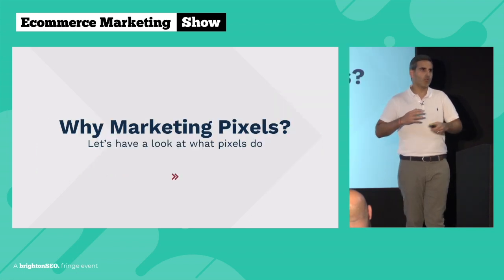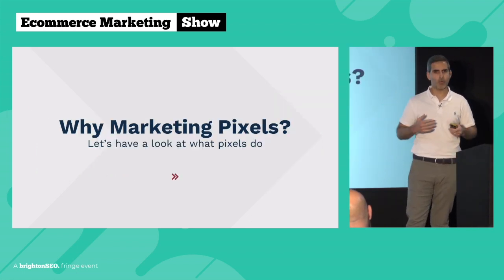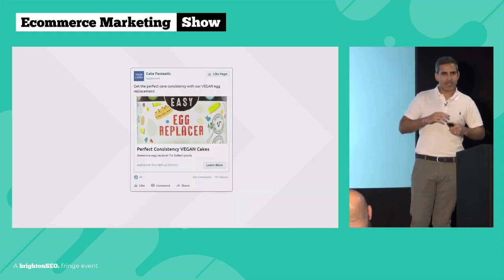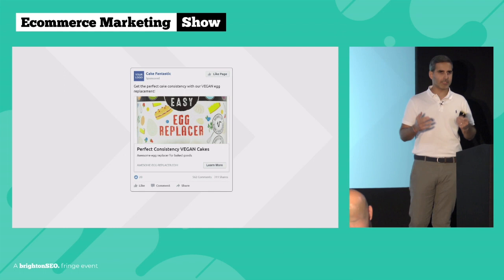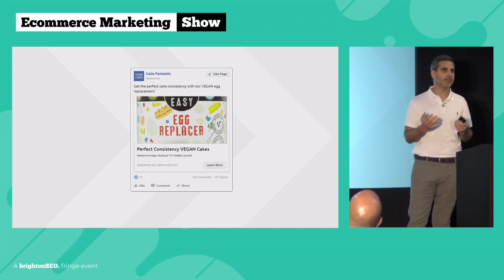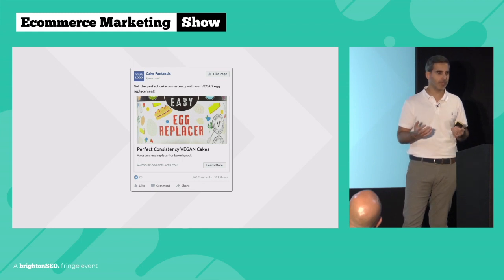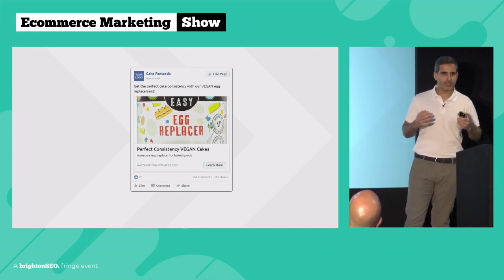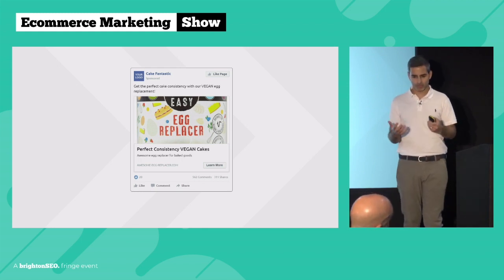So what is the benefit of marketing pixels and why do we have so many consistently being put onto sites? And if you think about a marketer's job, it's to get people to come to the site. So over here I have an example of an ad that would be seen on a Facebook feed or an Instagram feed. And this is something where when you're scrolling, you'll see it.